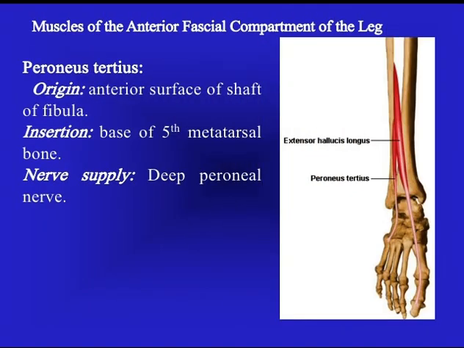Peroneus tertius is a small muscle that arises from the surface of the shaft of the fibula and is inserted into the base of the fifth metatarsal bone. Nerve supply: the deep peroneal nerve.